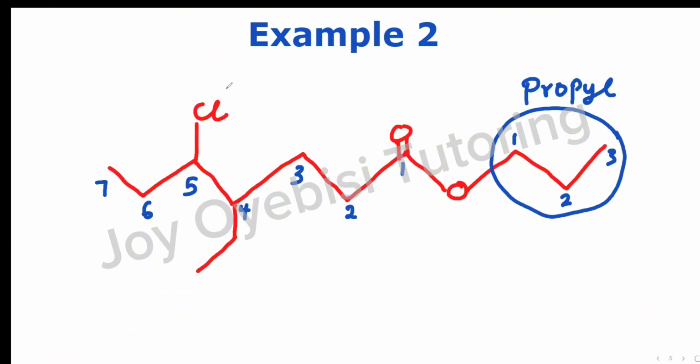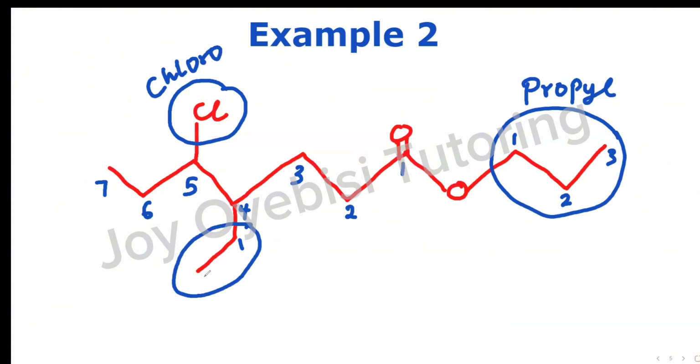Now that means that this is a branch, and Cl as a branch is known as chloro. This also is a branch of 2 carbons, so ethyl. Now we would combine them. So start with the propyl, this one, okay?